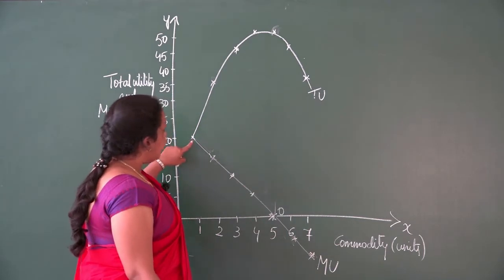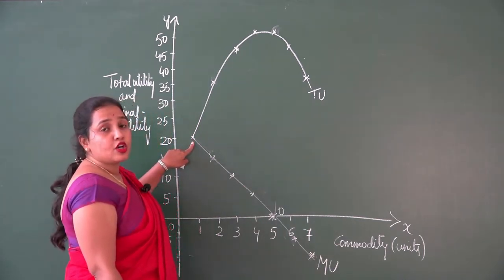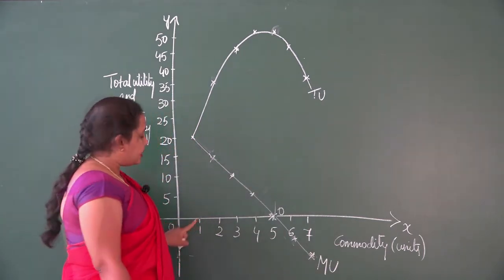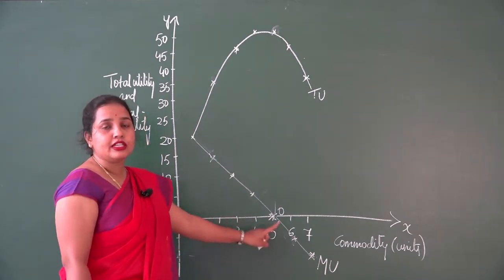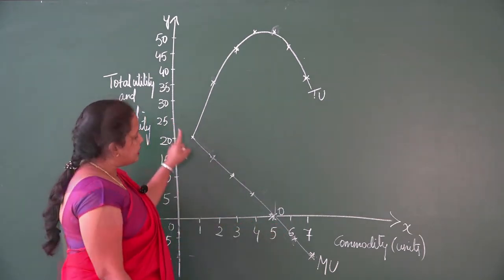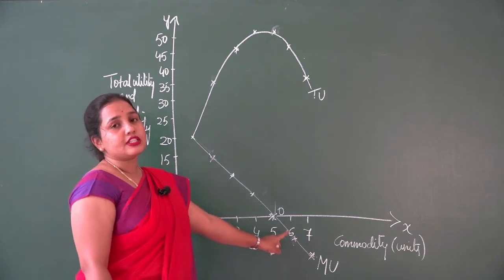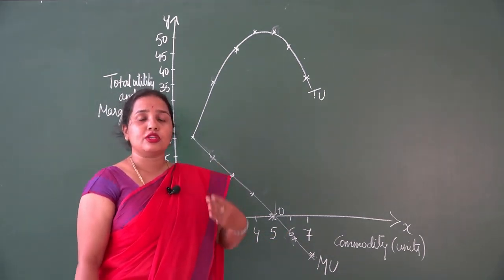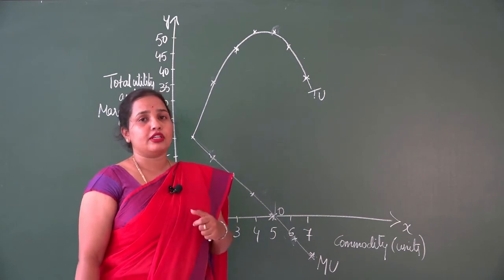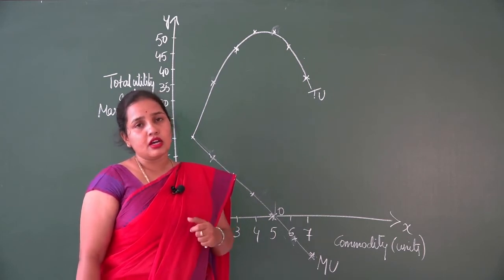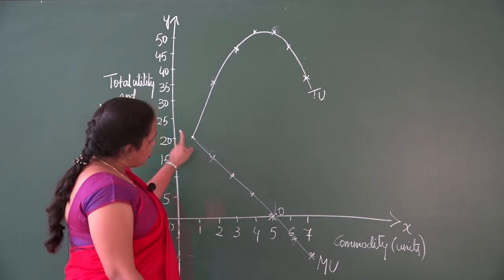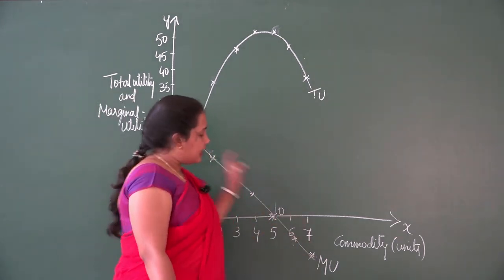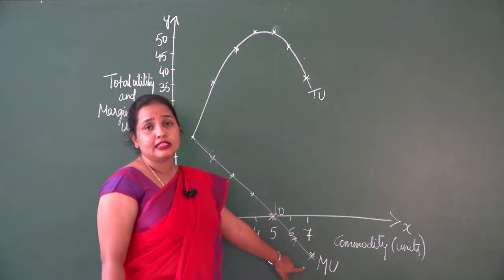You can see the MU curve constantly falling with every additional unit of commodity consumed by a consumer. Let us join all these points, we get a marginal utility curve.